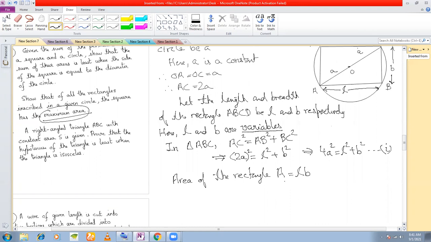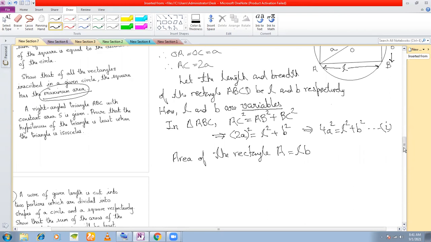Now we need to maximize this area, right? But area contains how many variables? Two variables. Now we need to bring down to one variable. Which one will help us? Equation number 1 will help us bring this down to a single variable.